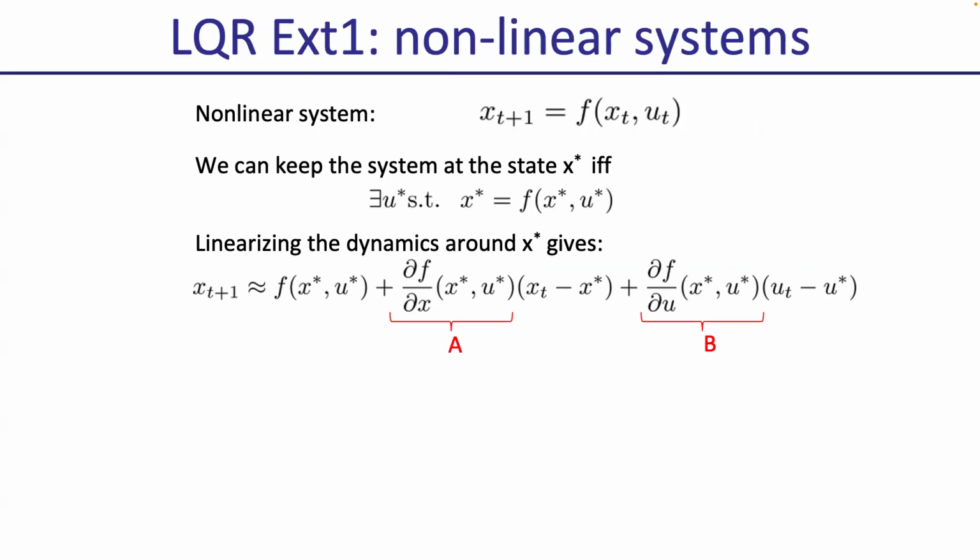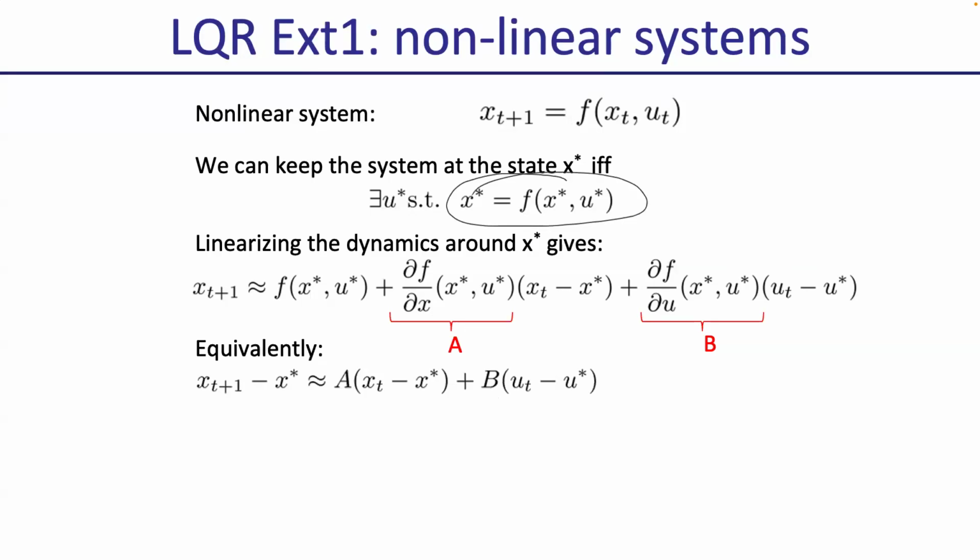So we can rewrite our system as x t plus 1 minus x star, since we linearized around x star, which we know is the fixed point, is approximately equal to A times x t minus x star plus B times u t minus u star. This is the partial derivative here and this is the partial derivative here. That's what your A and B are. All we did is take the Taylor approximation of our f around x star and u star.